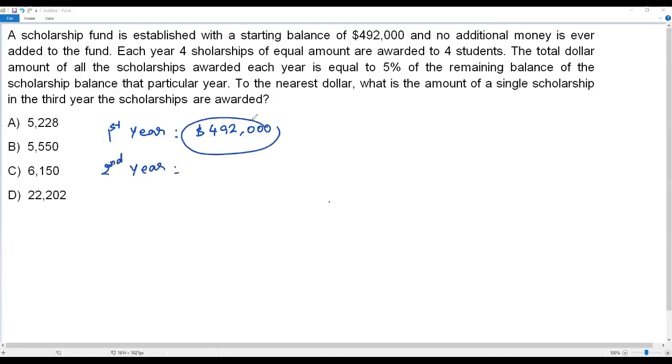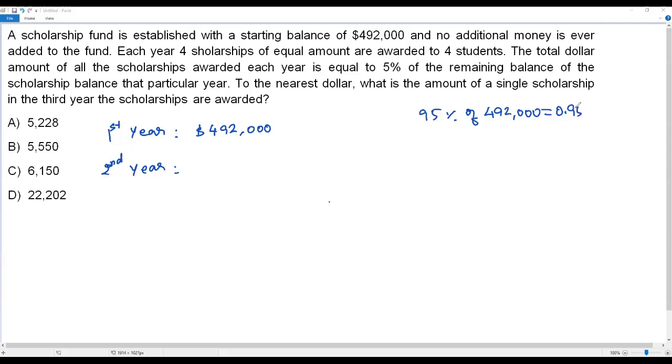Since 5% of this $492,000 is given for the total of 4 scholarships, then 95% of this money will be the balance for the second year. Now, to know the balance for the second year, we have to calculate 95% of this money. So 95% of $492,000. This 95% can be converted to decimal.